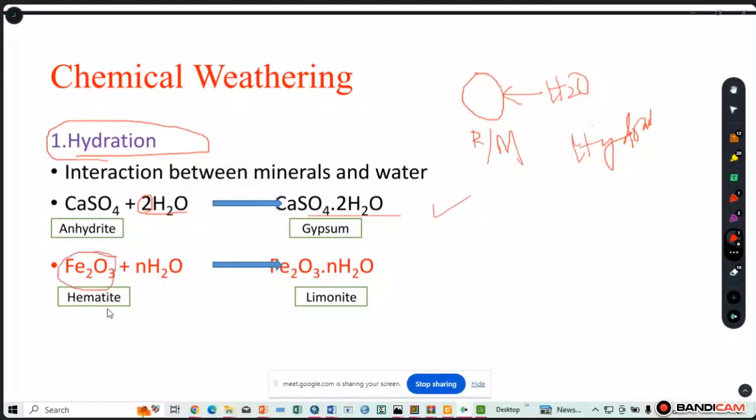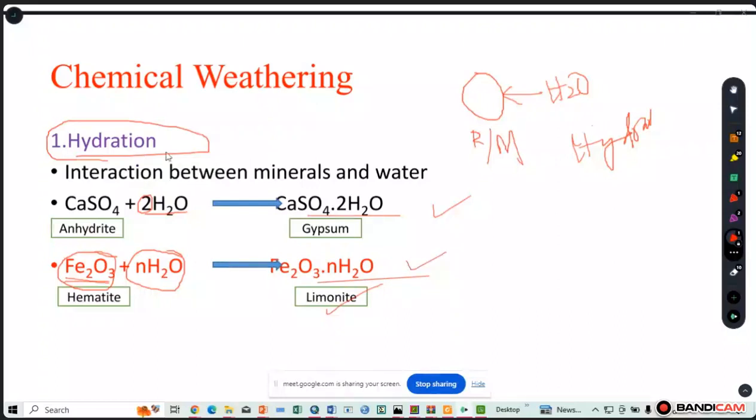Everybody knows the composition of the iron ore hematite is Fe2O3. When Fe2O3 comes in contact with n number of water molecules, what happens? It is converted into limonite. The chemical composition of limonite is Fe2O3·nH2O.